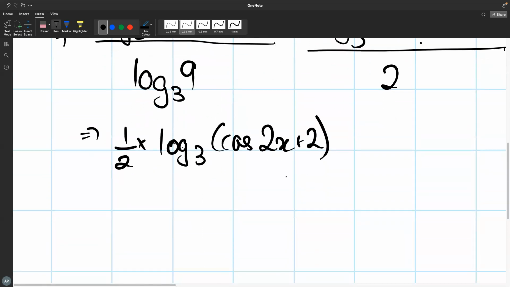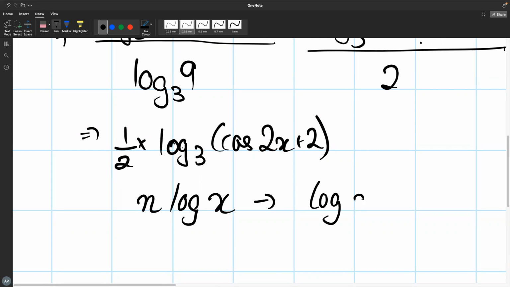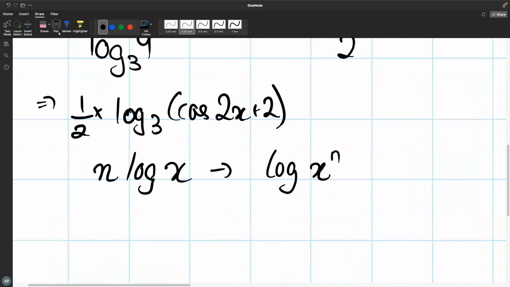And because of how logs work, we know that if we have any number n multiplied with a log, n can also be the power. So n log x is the same as log x to the power of n. So we know that this is a rule that we can follow.